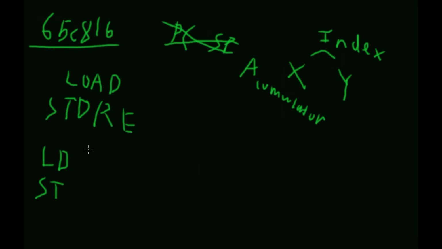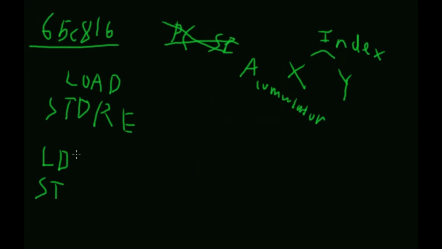Let's go back to these mnemonics here, load and store. What I want to do is use A here and think of a register as a variable, except you don't have infinite variables, you just have these few registers. What you have is what you got.